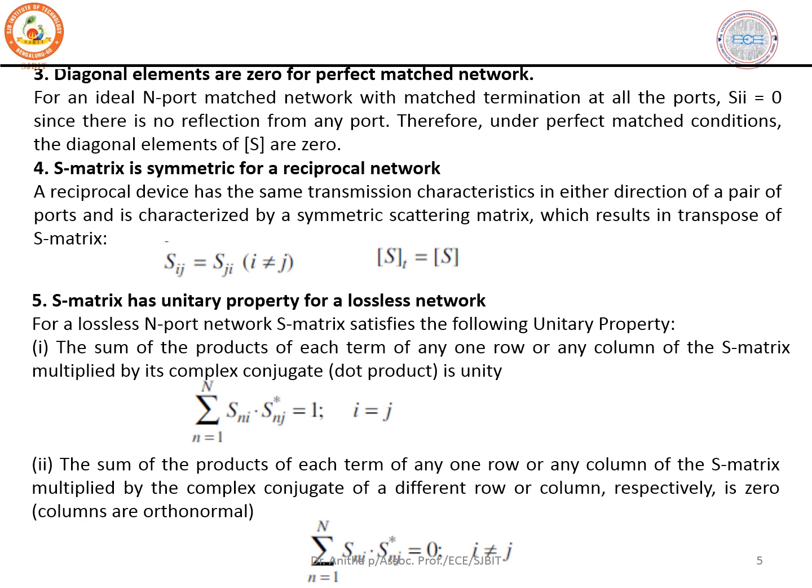Considering row wise, S11 multiplied with S12 conjugate plus S11 multiplied with S13 conjugate and so on must result in 0. So you can prove this unitary property. We will discuss that proof in the next session.